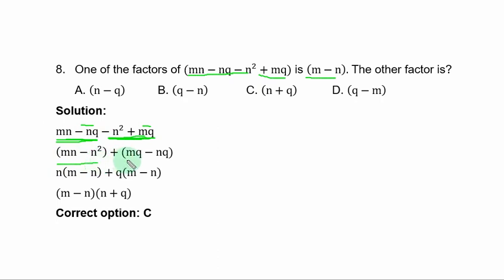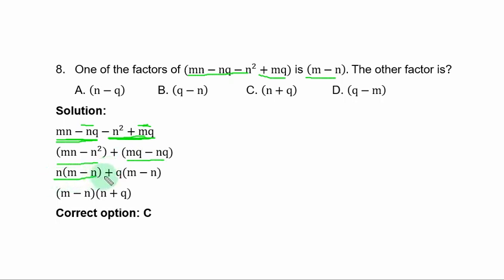As you are doing that, always follow the order of the letters. Q is common. Look at M and N. You have M before N. So we start with MQ minus NQ. From the first group, you factor out N, you have this result.